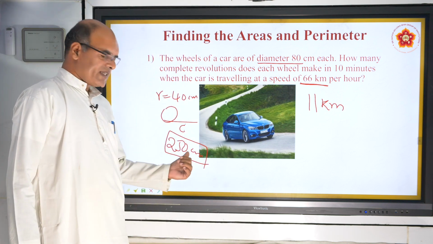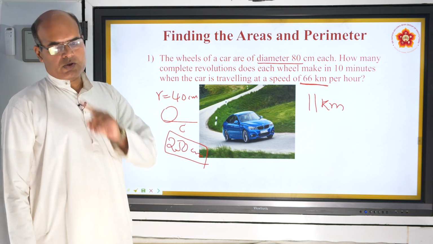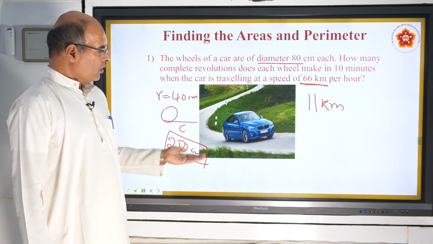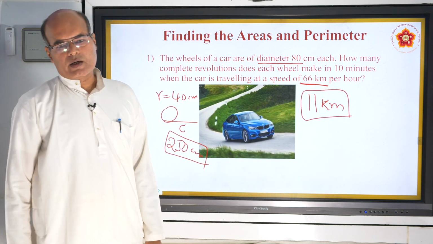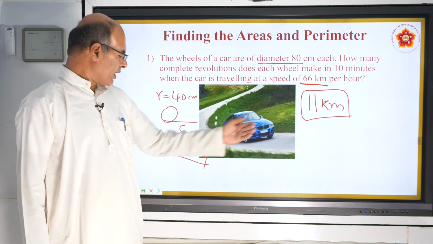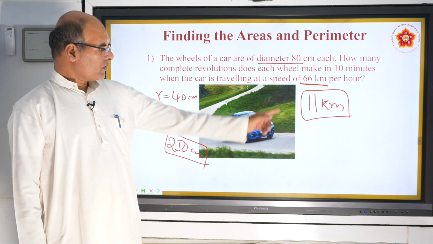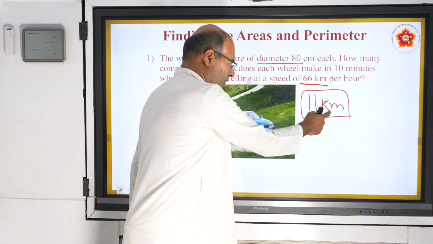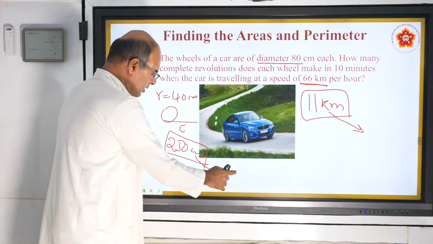To cover 250 centimeter, the wheel has to make one complete revolution. To cover 11 km, how many revolutions are required? We have to calculate that: 11 km divided by 250 centimeter. First we have to change kilometer to centimeter, or centimeter to kilometer.